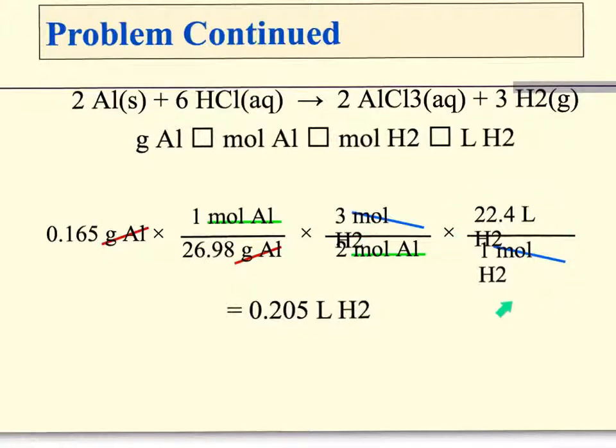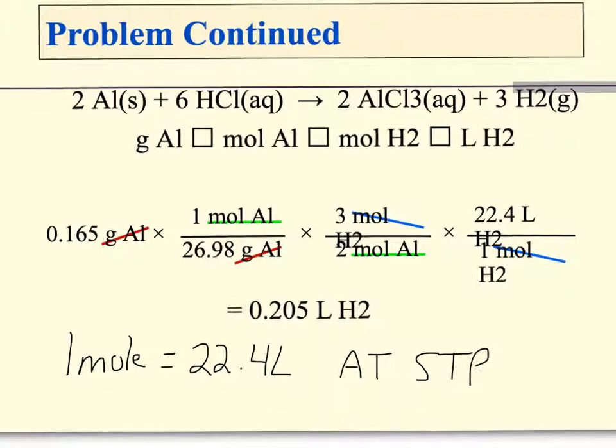This is our new step. At STP, 1 mole equals 22.4 liters. Now let's write that down, and if you do not have this on your Fat Daddy, you would want to add that. So we have 1 mole of any chemical equals 22.4 liters, and this is at STP.